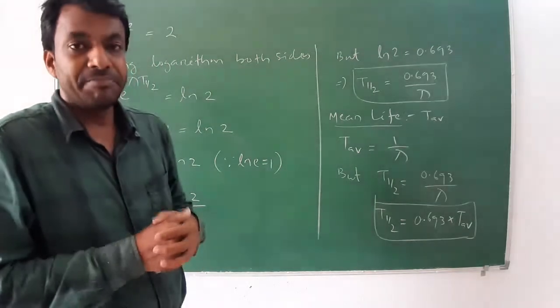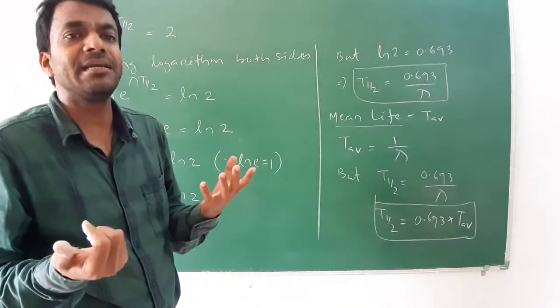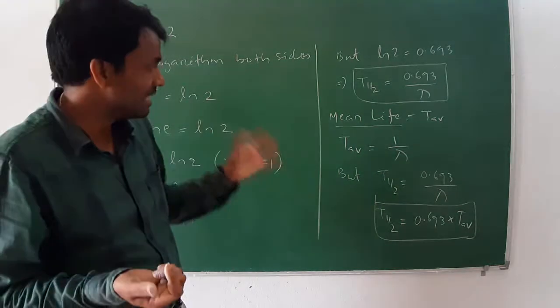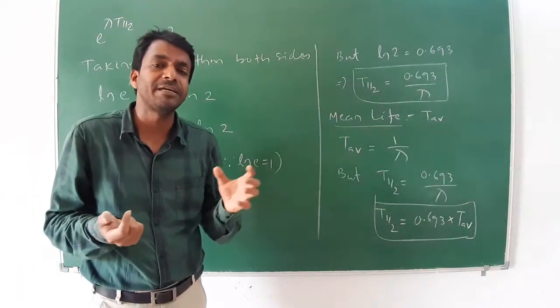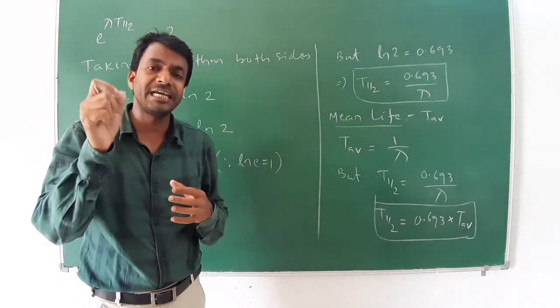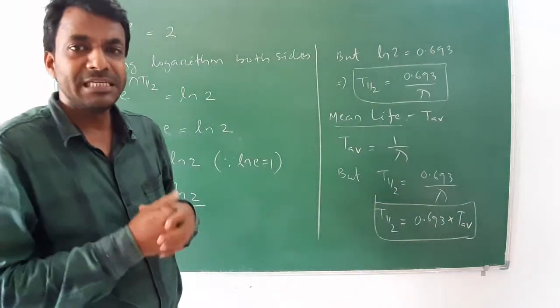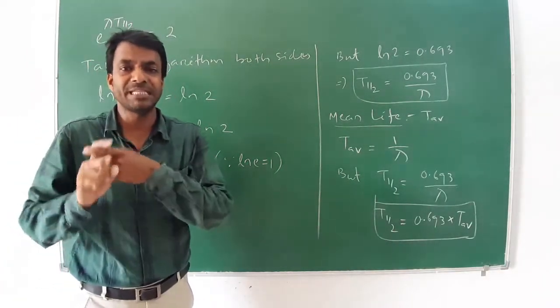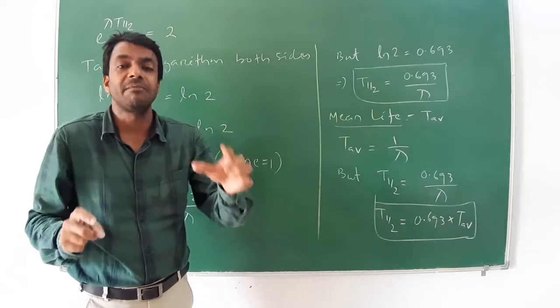But practically or mathematically, for calculation purposes, the mean life or average life is calculated as the reciprocal of the decay constant. The decay constant is lambda, and its reciprocal is mathematically known as the average life.